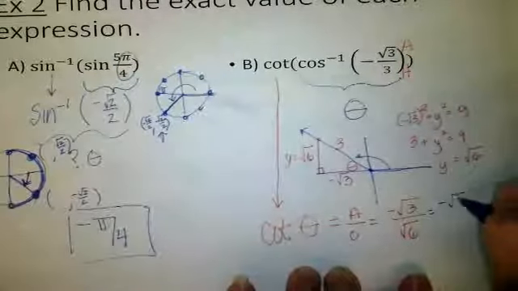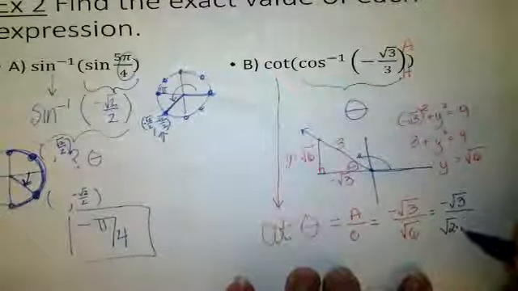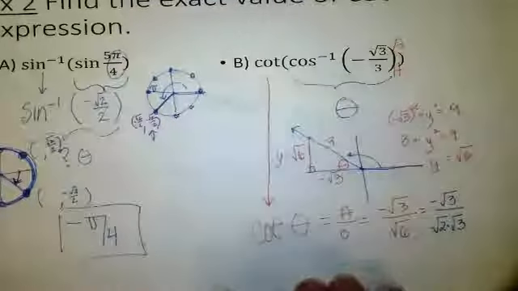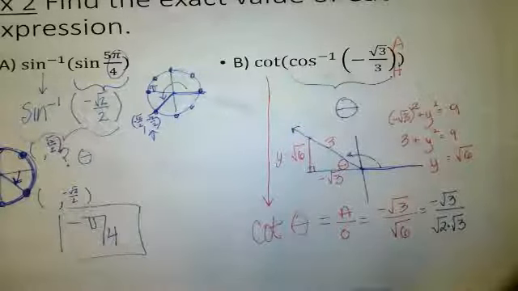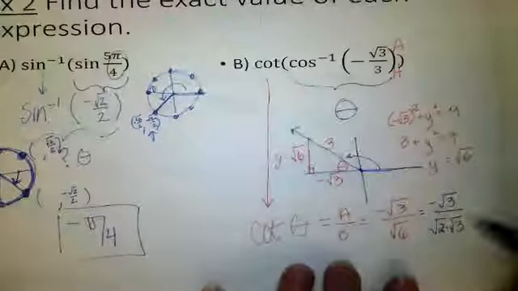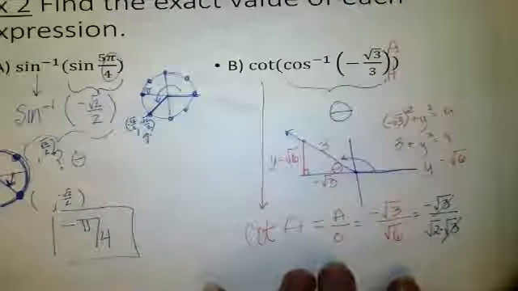Watch this. Hey, here's something interesting. Radical 6 is radical 2 times radical 3. Ooh. Negative 1 over radical 2. So the radical 3's will reduce.